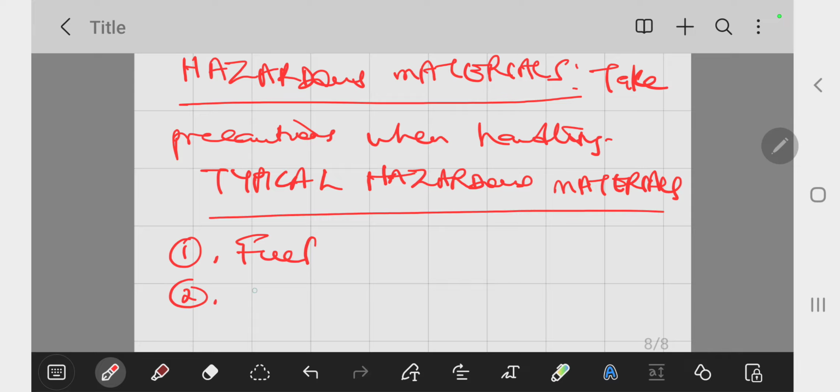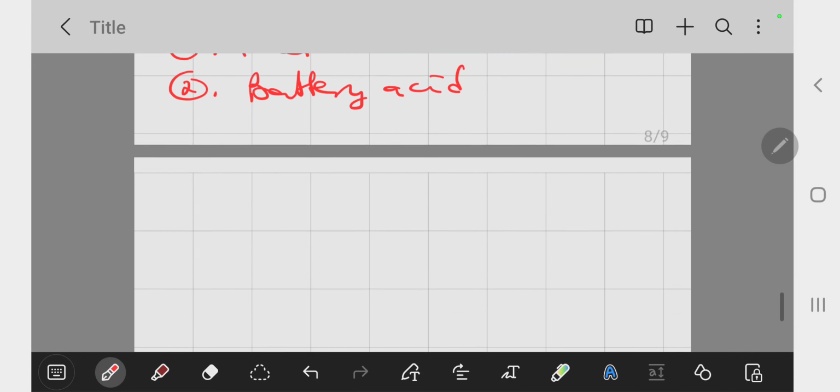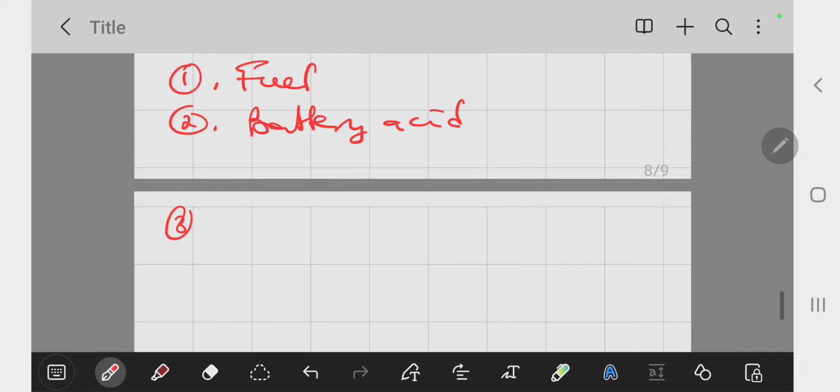Number two, you can have battery acid. And thirdly, you can have some cleaning chemicals. Just think of any harmful material which you can find in a workshop.